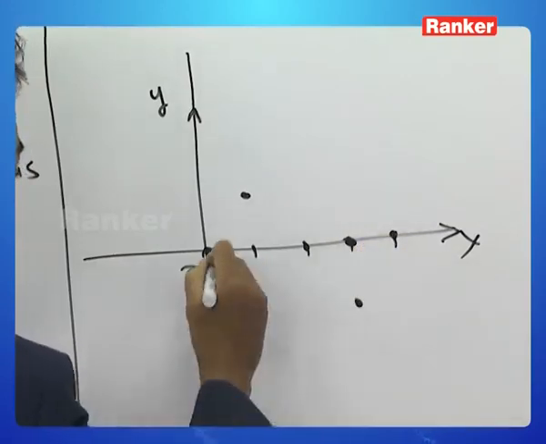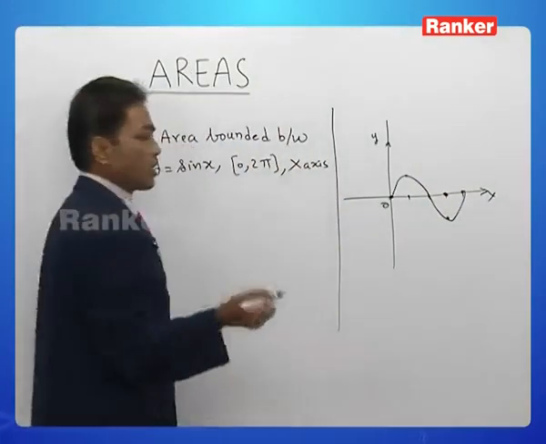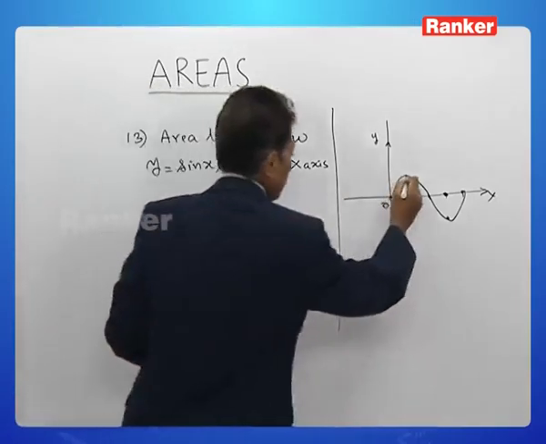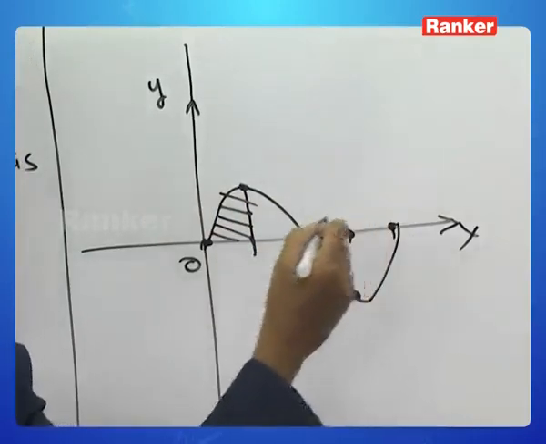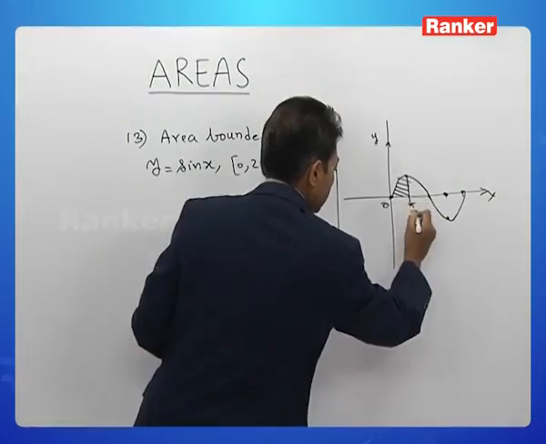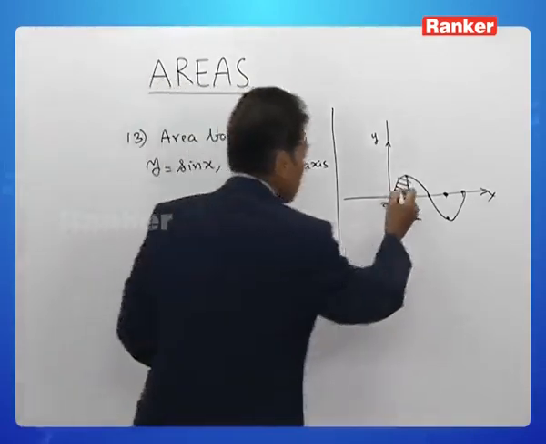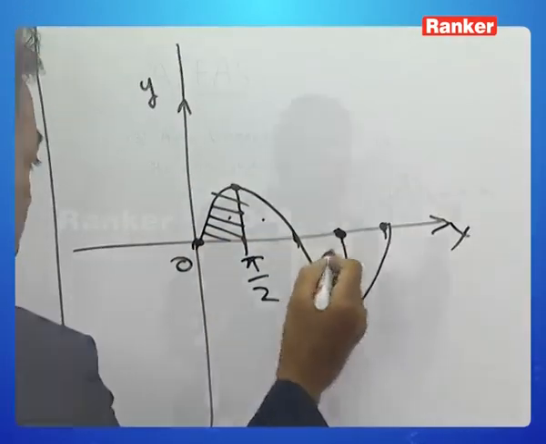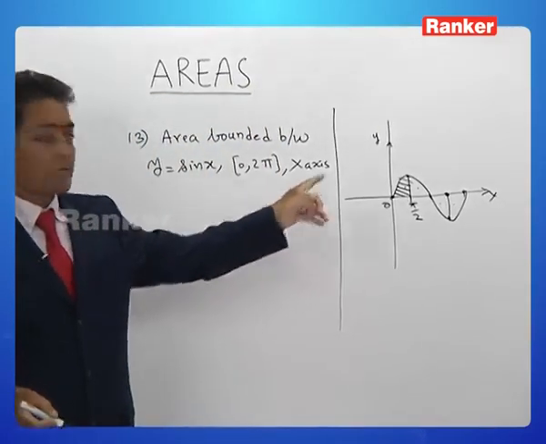And sin 2 pi is 0. So its sine curve is like this. Because of symmetry, you find only this much area and make 4 times. Actually, this is total area required, but between 0 to pi by 2 integrate and how many times? 1, 2, 3, 4. So total 4 into this required area will give you total area.